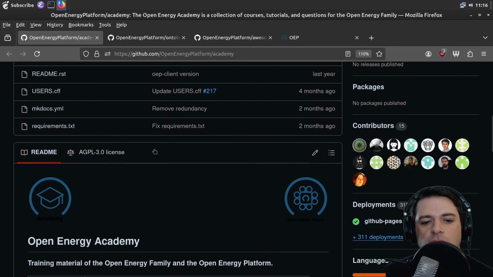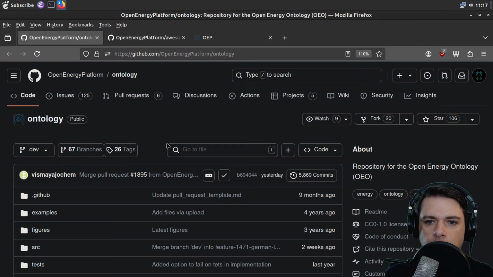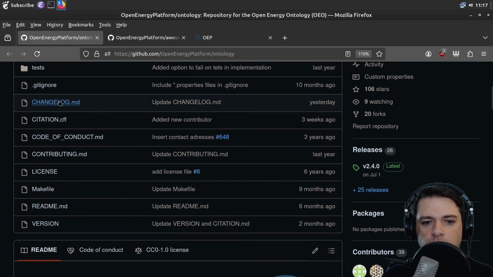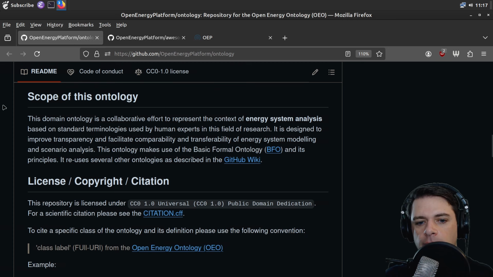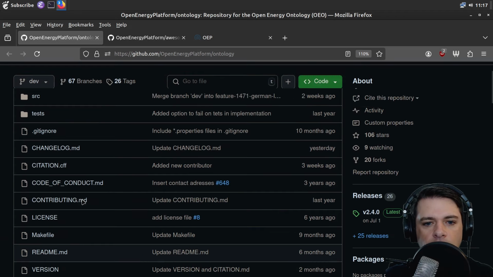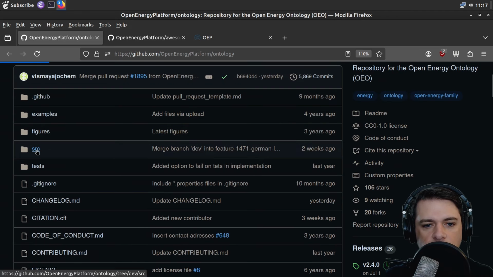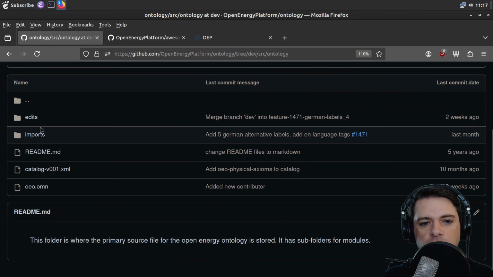And here's the Academy thing. I don't know if this is going to be so interesting. In fact, I'm not going to look at it. And the ontology, I'm just mainly curious what it's written in. It makes use of the basic formal ontology. Okay, and how does it work? Is it just we have all the ontology in a bunch of files?